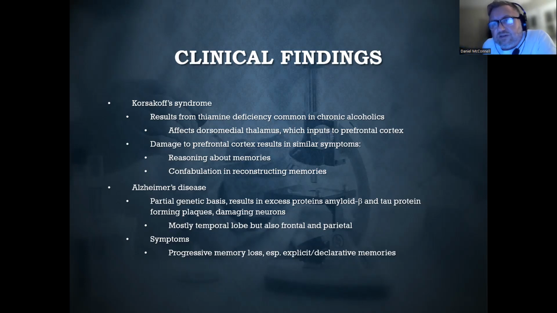So how do I bring information back to working memory once it's been stored in long-term memory? This pathway involving the dorsomedial thalamus appears to be pretty important for that. But with Korsakoff syndrome, this pathway is damaged. So it is problematic for these people to consistently pull these memories back into their PFC.